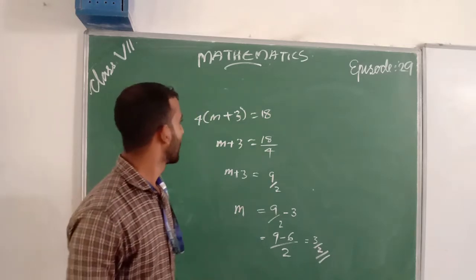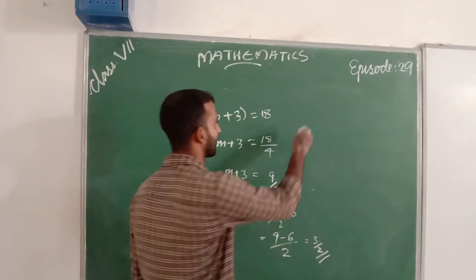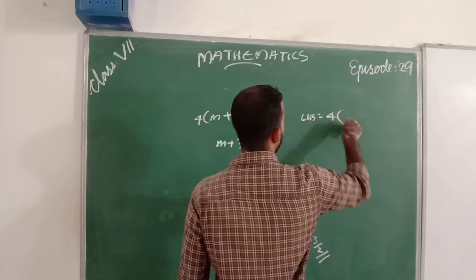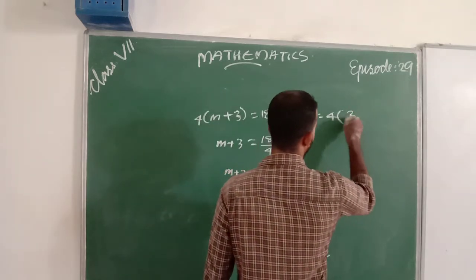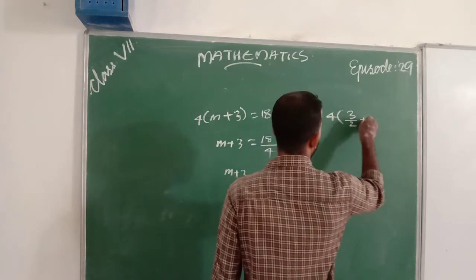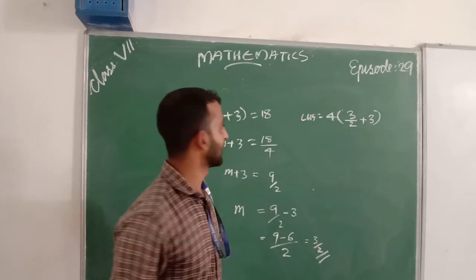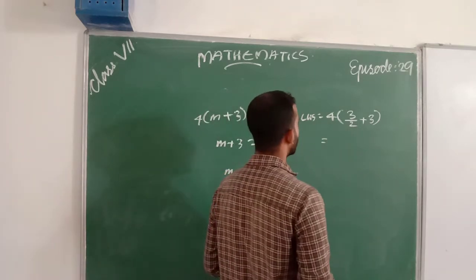We can check. When we take LHS, 4 into m plus 3, that is 4 into 3 by 2 plus 3. Here also the LCM is 2.